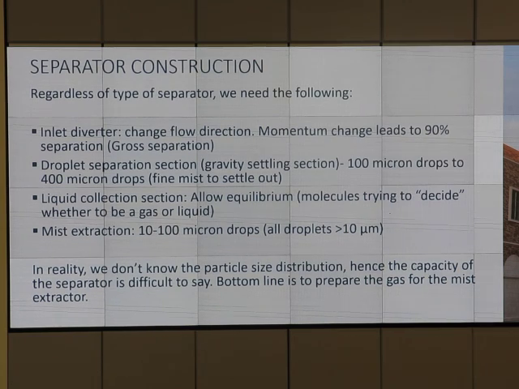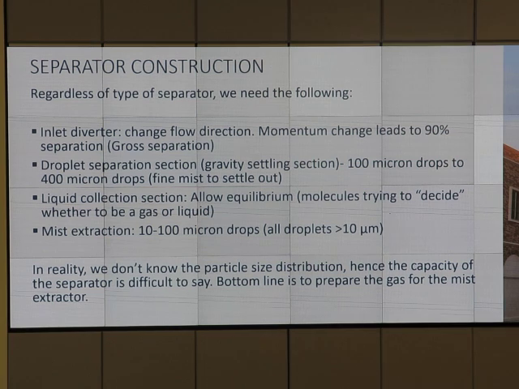Okay, separator construction. Regardless of the type of separator, we need the following. Number one, the inlet diverter, to change the flow direction. 90% of separation is happening over there, 90%, okay? And we need a droplet separation section or gravity settling section. 100 to 400 micron droplets should be removed from the gas in that section and fall down.